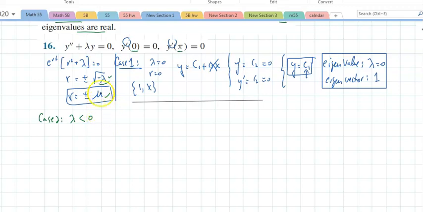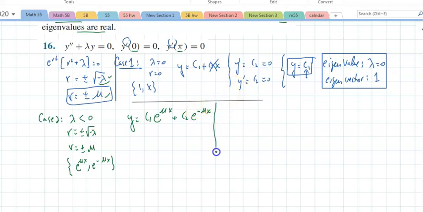Well, that indicates that r equals plus or minus radical negative lambda, or r equals plus or minus mu, but mu in this case happened to be positive, so that's e to the mu x and e to the negative mu x, and that would mean that y equals c sub 1 e to the mu x plus c sub 2 e to the negative mu x, and the same deal.